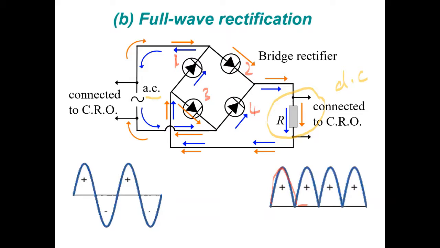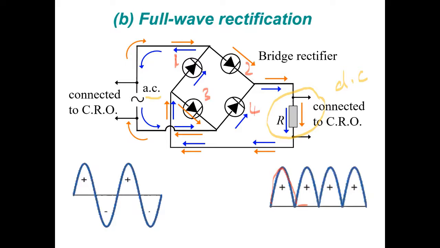Because of this bridge rectifier, the current flowing through this resistor is the same, even though the current reverses direction. After passing through this resistor, it goes back following D3.